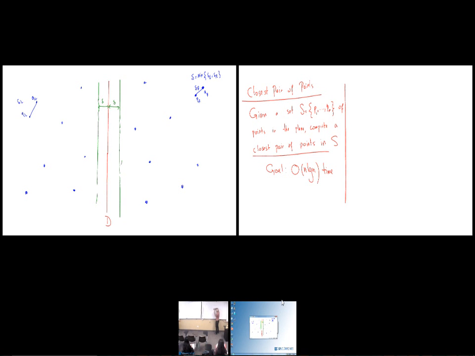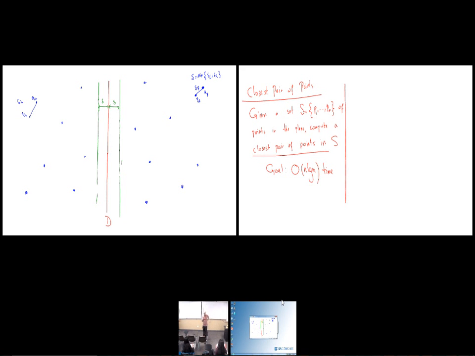Otherwise, its horizontal distance from that point would exceed delta. By the same token, the point on the right of this red line has to live within this area in here. So now we could focus our search on finding a pair of points that come from either side of this line whose distance beats this delta.